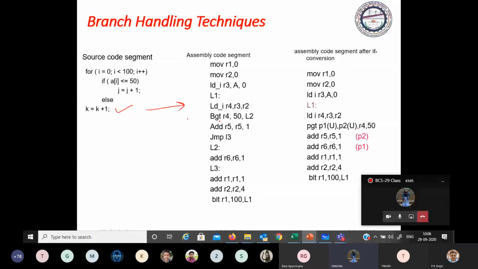Okay. So what we will do, you have seen how we can convert a control dependence into data dependence.